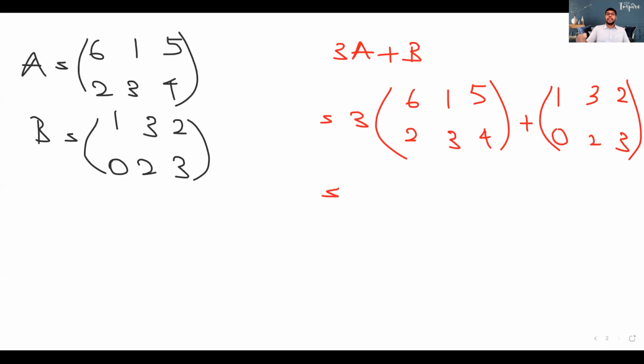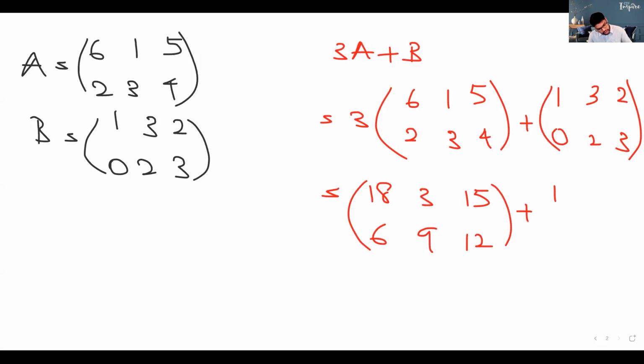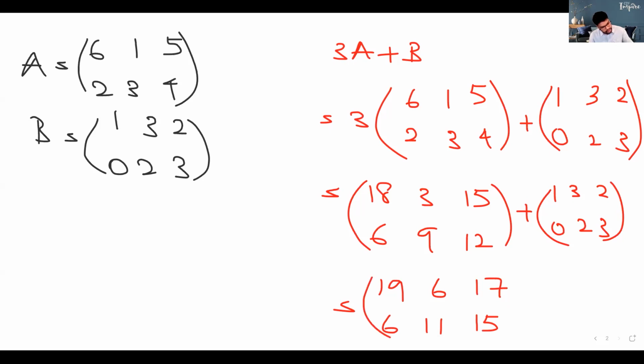So we first multiply matrix A by 3, which gives us 18, 3, 15, 6, 9, 12. Right? Plus 1, 3, 2, 0, 2, 3. Then children, you can add the two matrices together. So that gives us 19, 6, 17, 6, 11, and 15. All right. So that is the answer to part 4C.